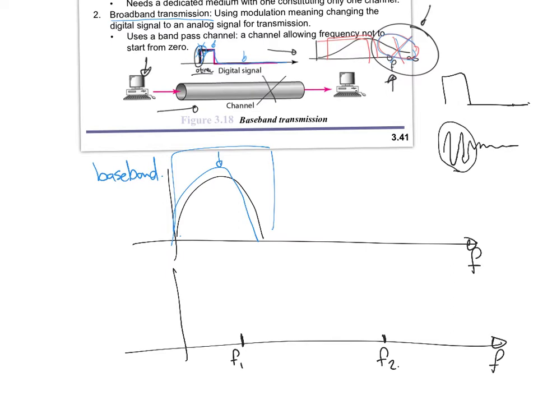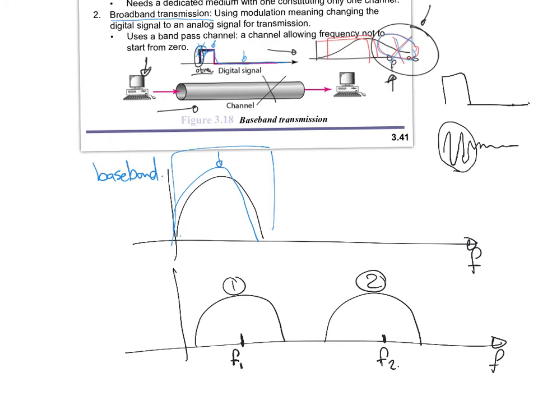So if you change the sine wave frequency for each of these two signals, one will have a sine wave of center frequency f1 and the other one is f2. You end up with two signals that look like this. The first one will look like this, and the second one will look like this. So this is signal 1 and this is signal 2.